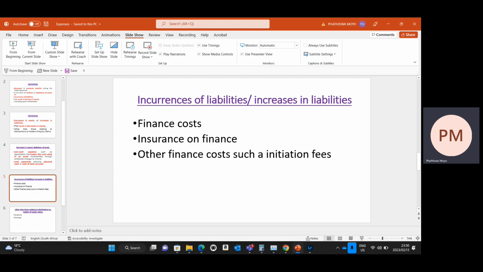Okay, so there are other finance costs related to acquiring debt, like your once off initiation fees. Sometimes if the business is purchasing property, there are the conveyancer fees, the attorney fees, and sometimes insurance on finance.